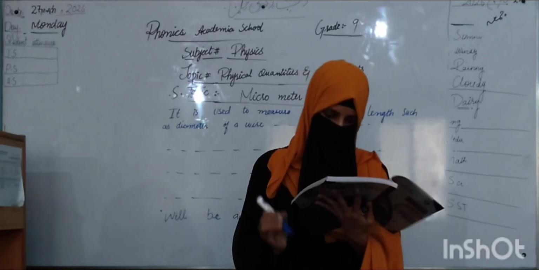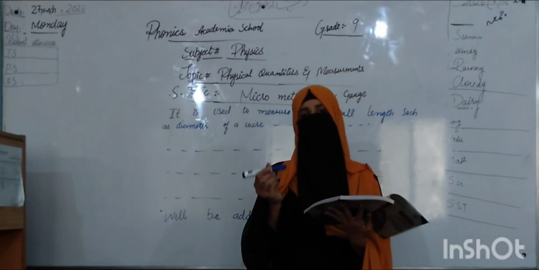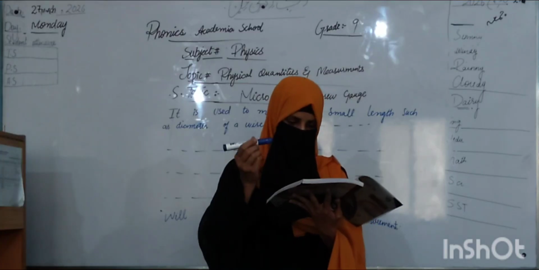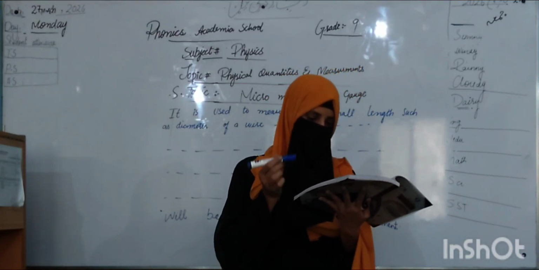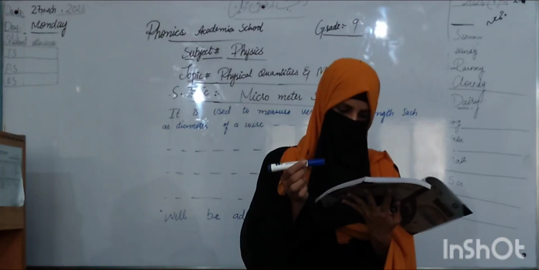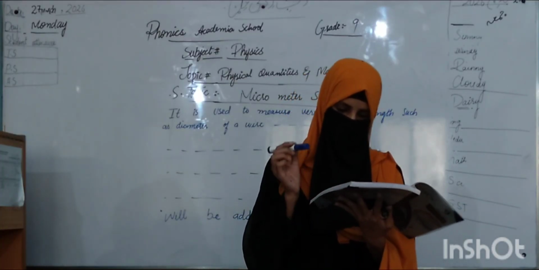If the zero of the circular scale is below the horizontal line, it measures slightly more than the actual thickness, and hence the zero error will be subtracted from the observed measurement.